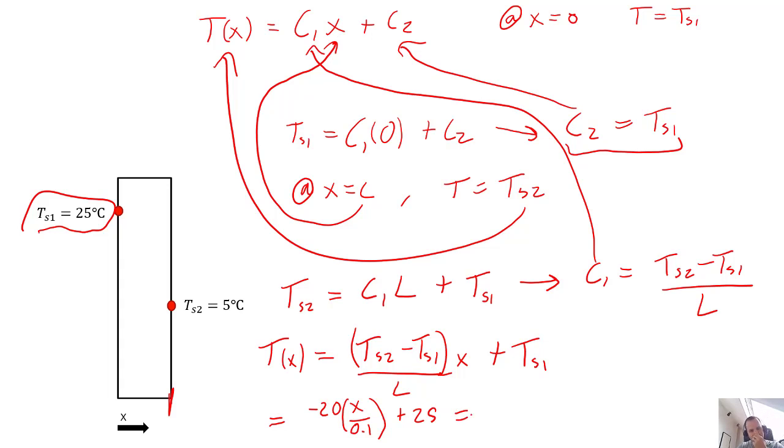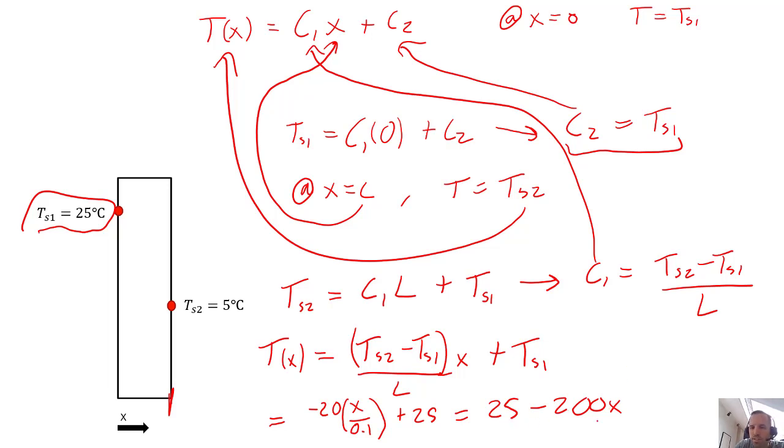So let's simplify this a little bit further. We get that our temperature as a function of x is just 25 minus 200 times x. So what we could do is put this in Excel or Python and plot this, but this is the plot of a straight line. At x equals 0, we get that our temperature is 25.